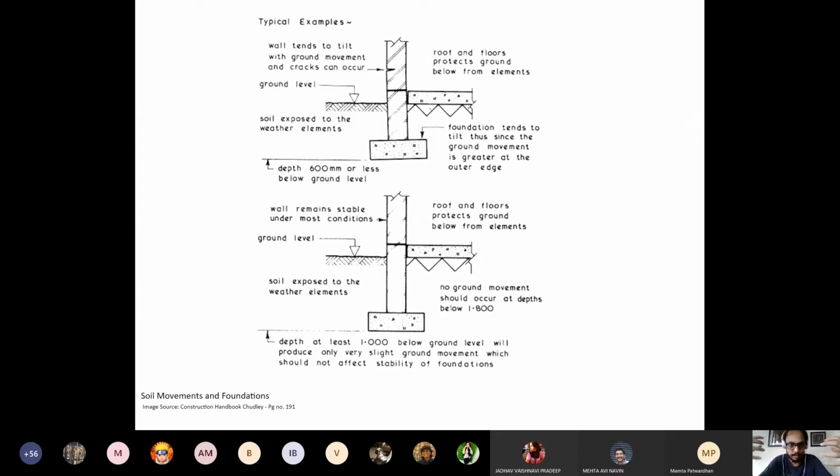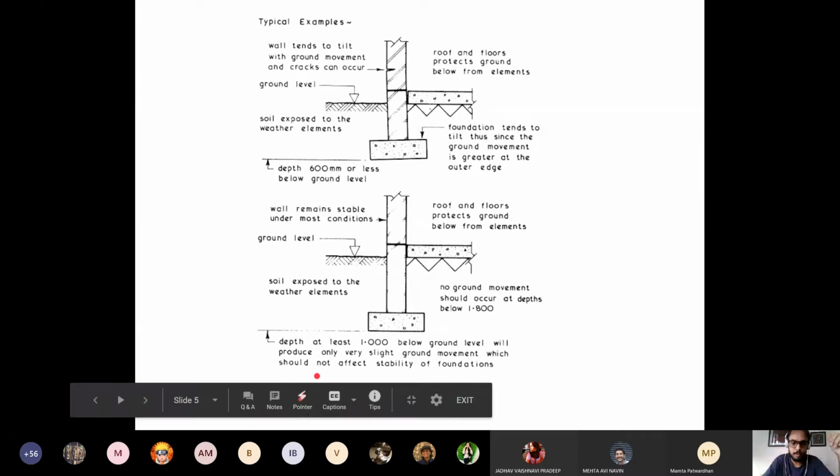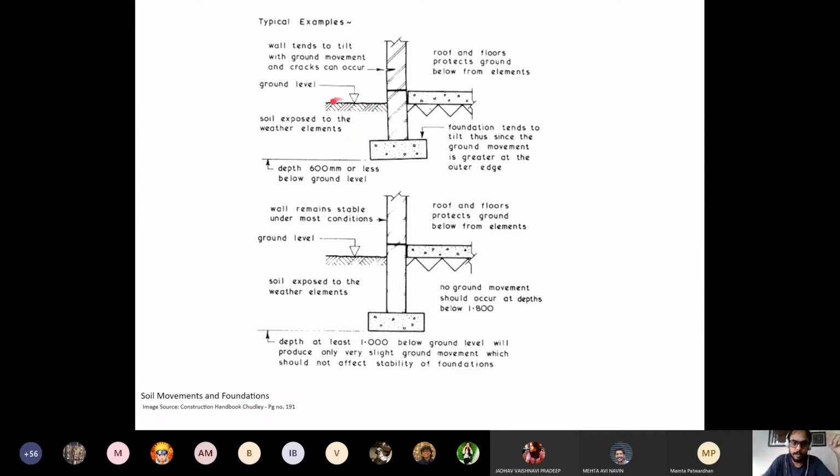This difference can cause the soil to show some kind of movement and settlement, which can actually affect the foundation. As you can see in the diagram, it's this outside soil which is going to be affected with weather, water collection, and things like that, and is going to show movement, obviously, and that's going to tilt the foundation, and you will start seeing cracks appearing in your structure.